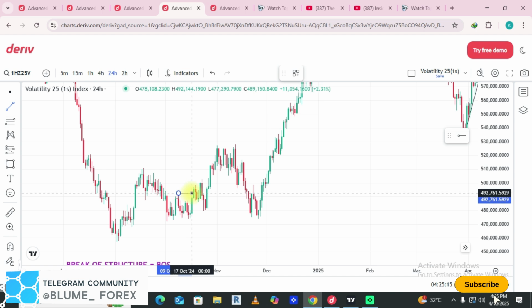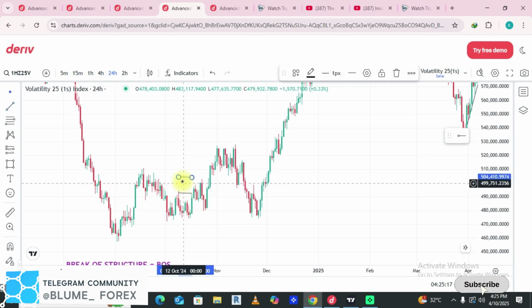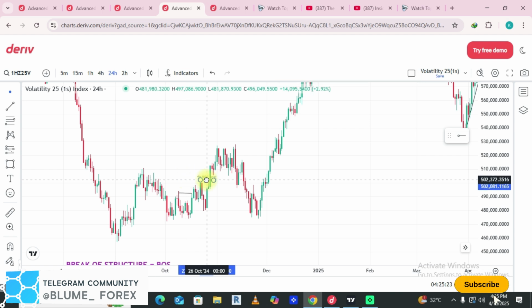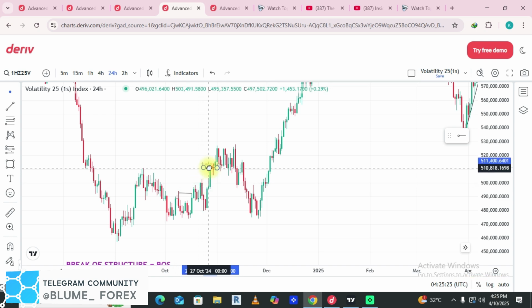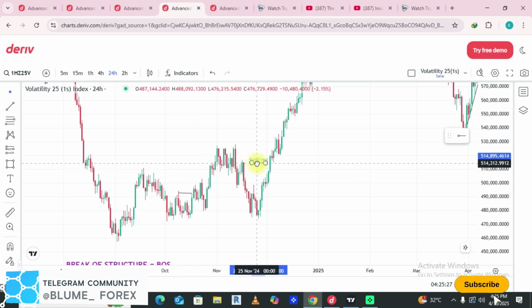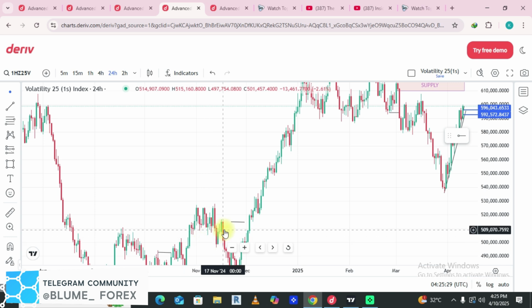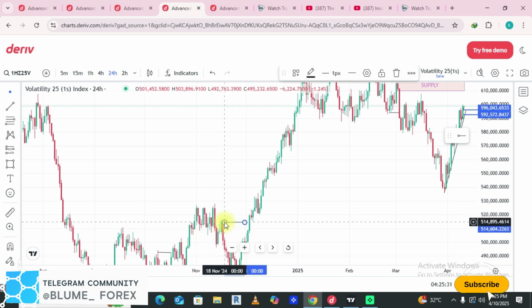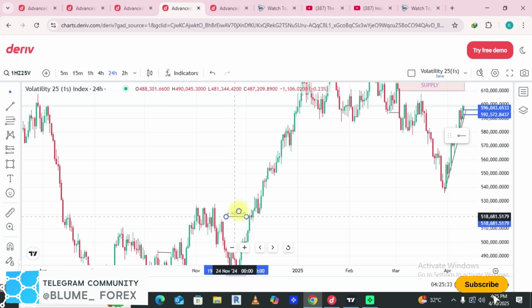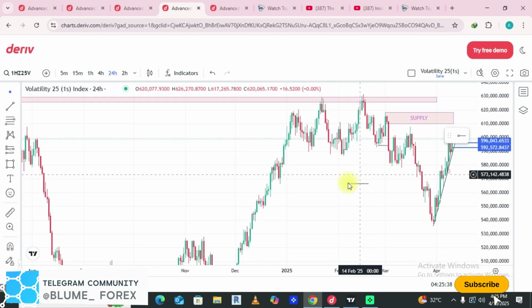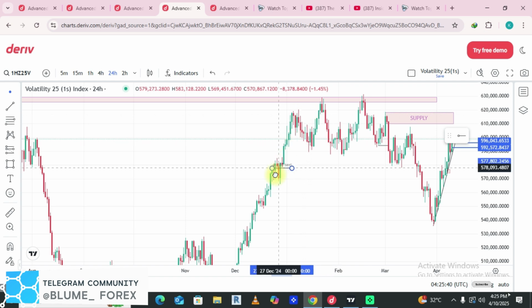We are looking for structure to be broken in accordance with the market's intended direction. So this is break of structure, this is break of structure, this is break of structure, because we are breaking it in the market's intended direction. In the uptrend market, this is also break of structure.